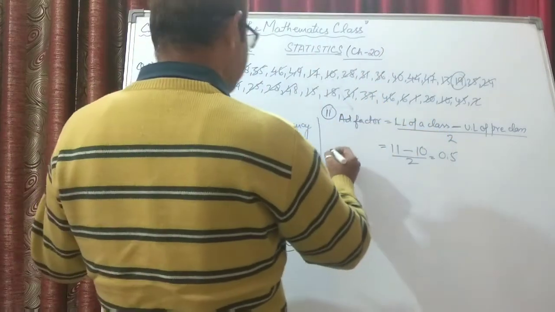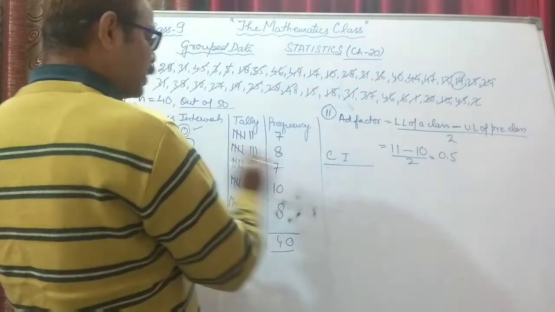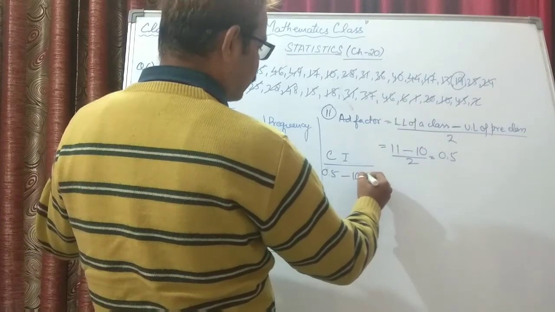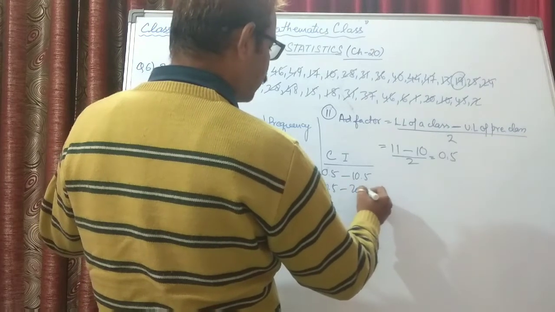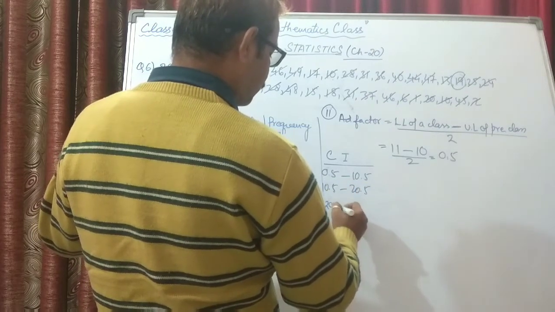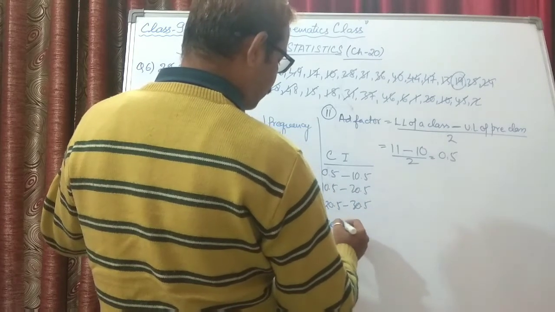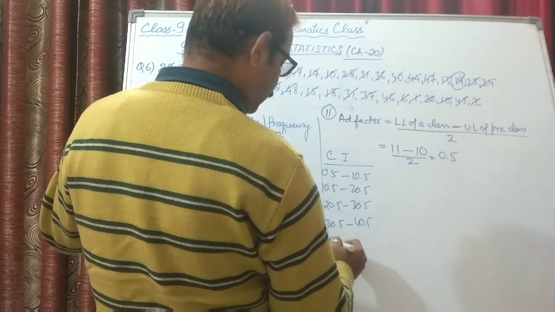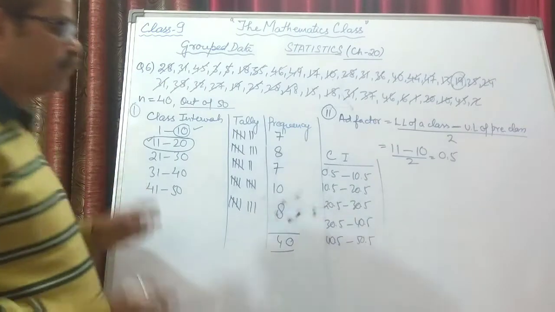So when you convert, this class interval will now be 1 minus 0.5, which is 0.5, and 10 plus 0.5 will be 10.5. Similarly 10.5 to 20.5, 20.5 to 30.5, 30.5 to 40.5 and 40.5 to 50.5, or simply you can say 50.